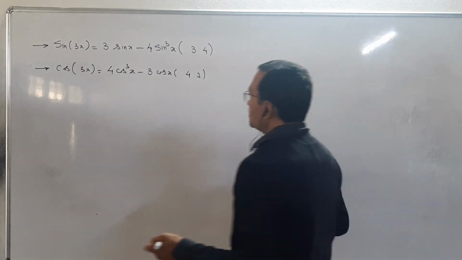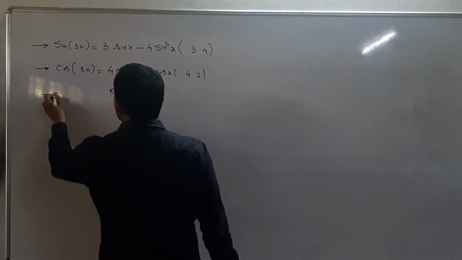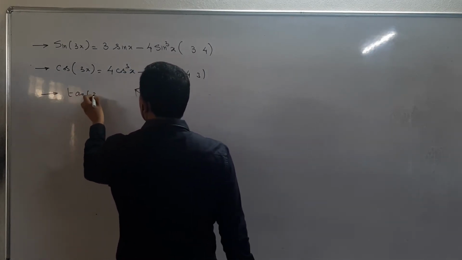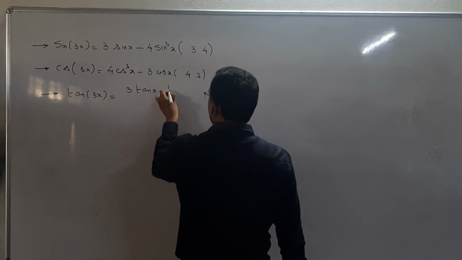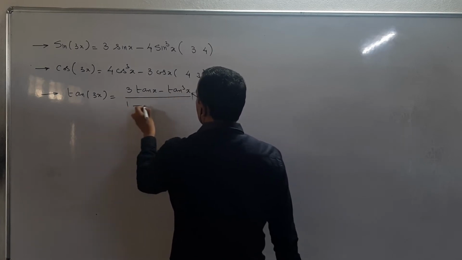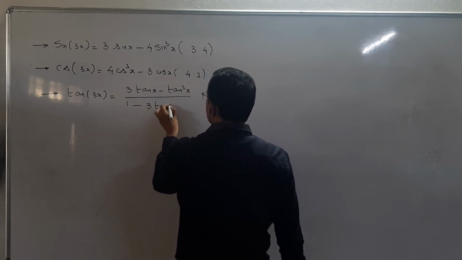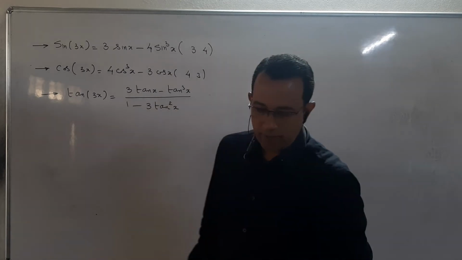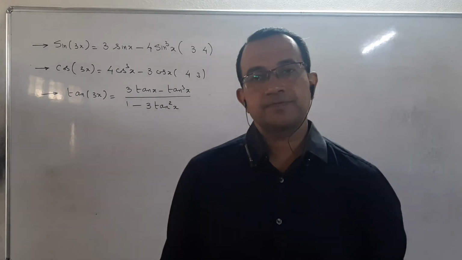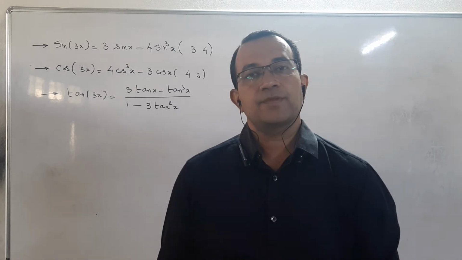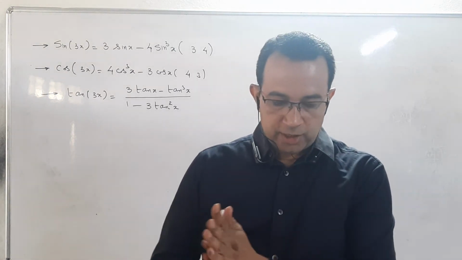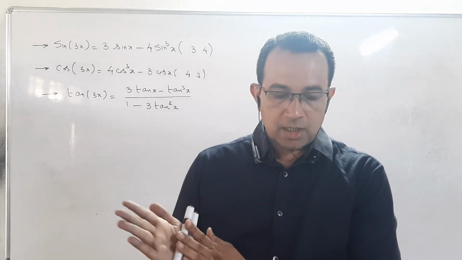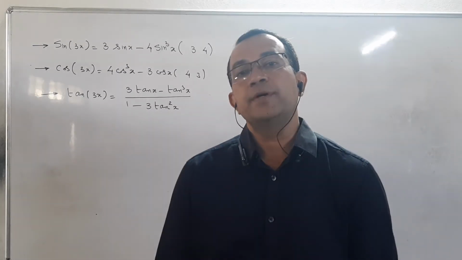Then tan 3x is 3 tan x minus tan cube x upon 1 minus 3 tan square x. So all these formulas, students, you have to perfectly memorize.